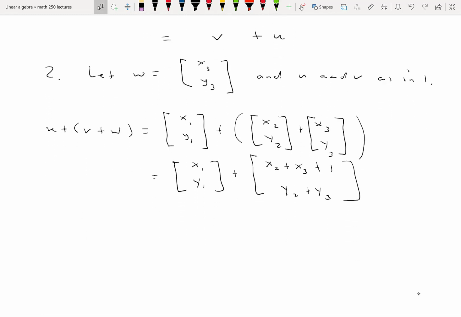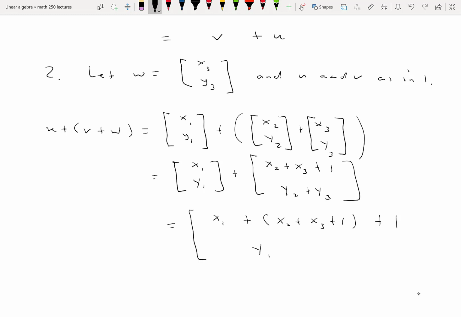Now I'm adding 2 more column vectors. How do you add column vectors together in our space? Take the first entry plus the second entry. Is that it? No. You add 1. Every time you add 2 column vectors, you add 1 in the corresponding first entries.